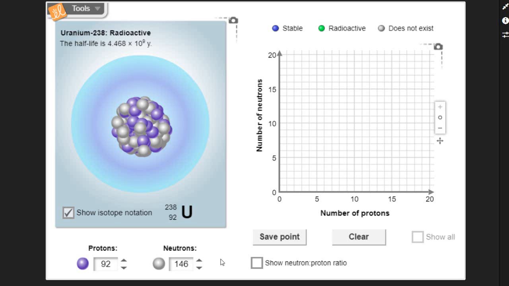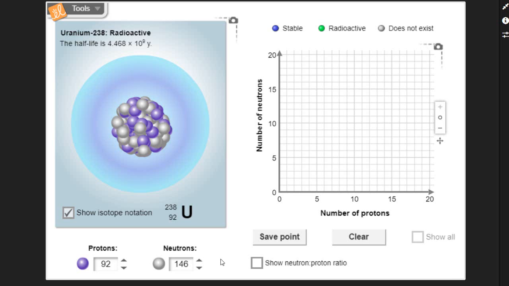So, from 84 on, elements are radioactive. So as soon as I put uranium on the table, it's already going to read radioactive. Is everything in that section radioactive?